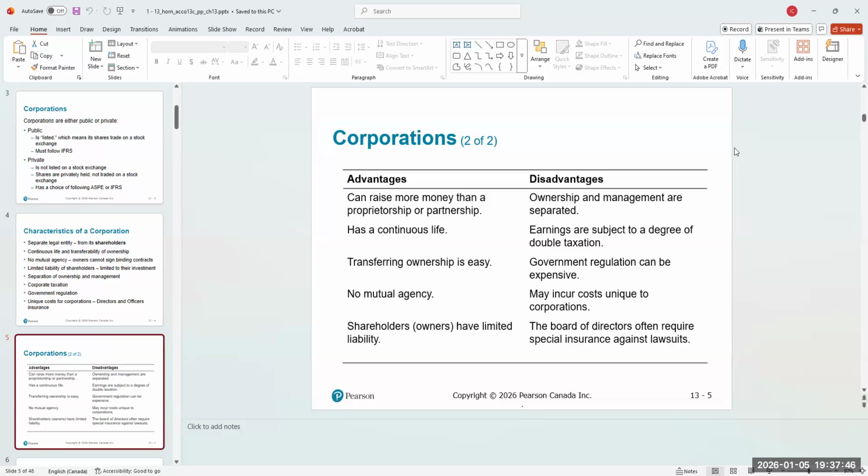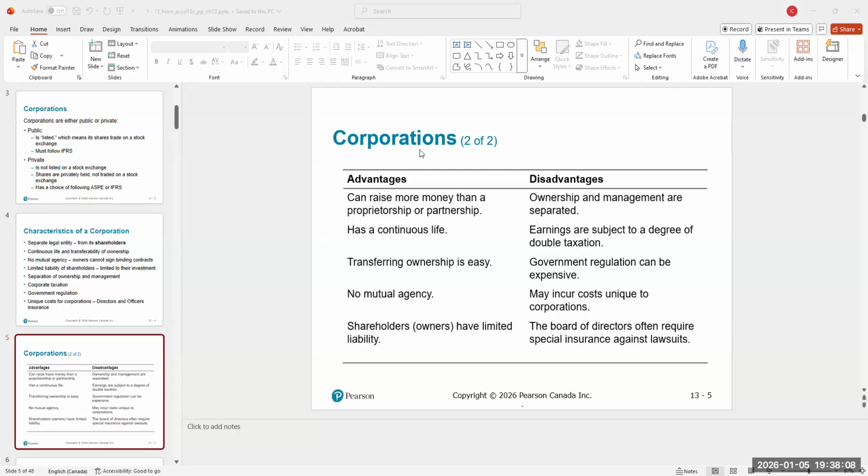Disadvantages: ownership and management are separate. It doesn't matter how much I want the company to generate income; if the manager is not doing his job, the company still starts losing money. Earnings are sometimes subject to double taxation, and those of you who continue with accounting are going to see that.